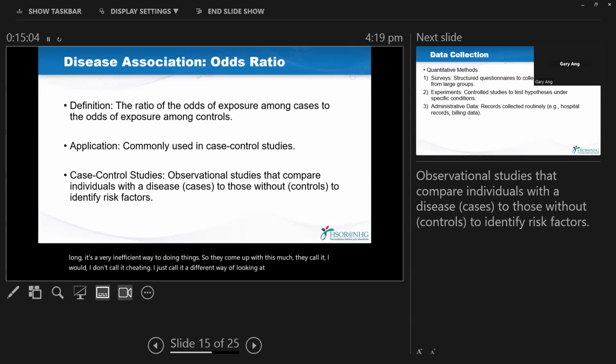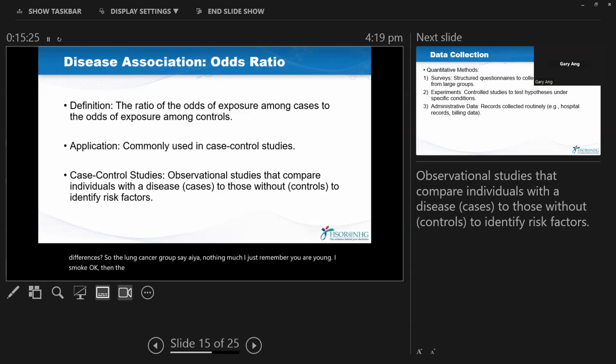We compare people with the cancer versus people who are similar but have no cancer. So for example, I look at a group of people with lung cancer, and then find another group of the same age, gender, and so on, with no lung cancer. Then I track back to see what the differences are. The lung cancer group says, nothing much, I just remember I was young and smoked.